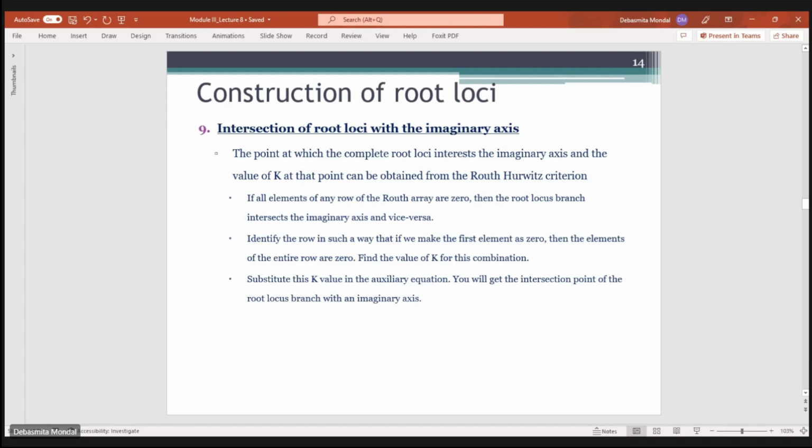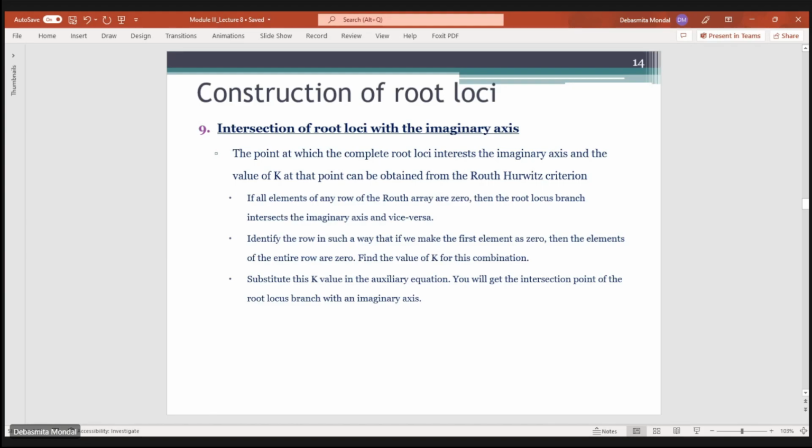So we have to identify the row such that if we make the first element equal to 0, all the other elements in that entire row become 0. For that corresponding value, we then have to find out the value of k for this condition.